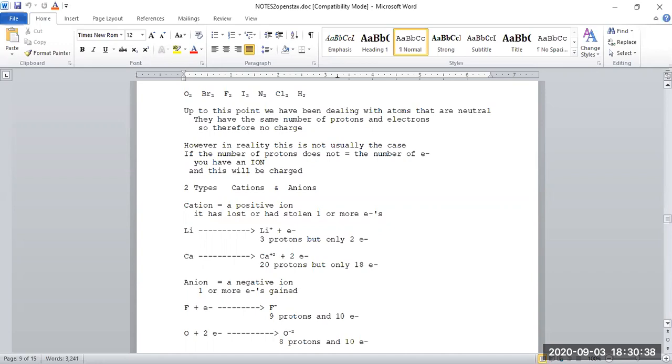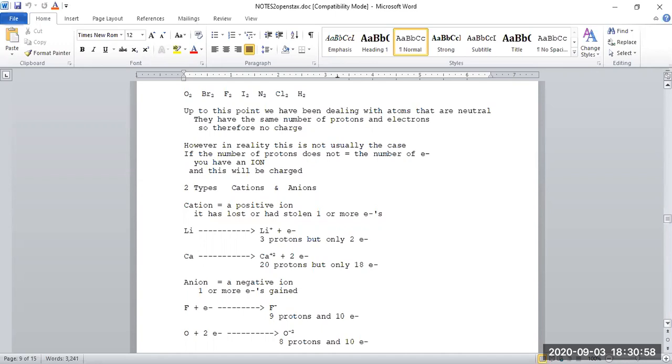Let's pick on calcium. So calcium's an alkaline earth metal. Alkaline earth metals have a tendency to make +2 cations. Now calcium's a little bit bigger. Calcium has 20 protons.